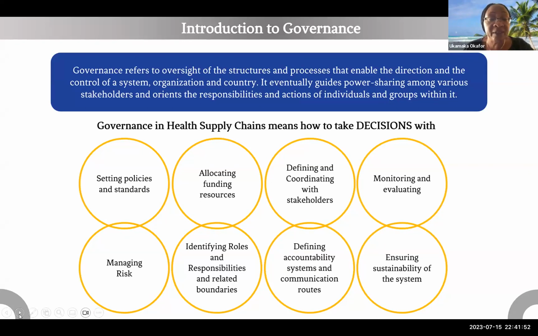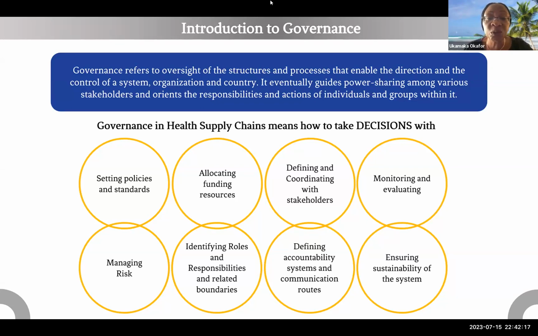And what is governance? As a reminder, governance refers to oversight of the structures and processes that enable the direction and the control of a system, organization, and country. Governance is what makes the strategic, high-level decisions.